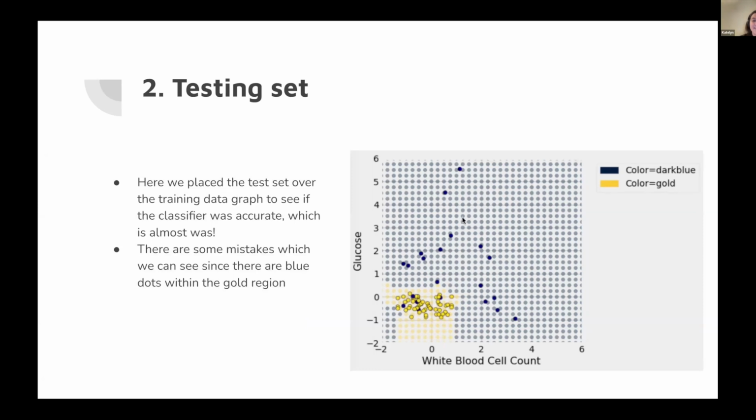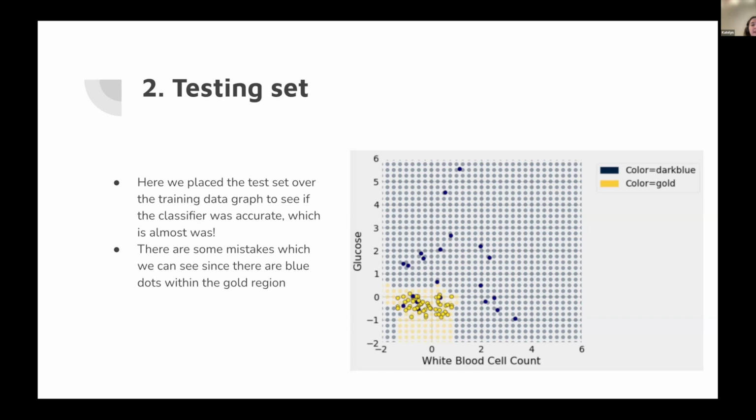All right, so on this next slide, all the dots here are the test set that were placed over top of the training data. We can see for the most part that our classifier is doing well. There are a few mistakes, because you can see a few blue dots in there with the rest of the yellow.